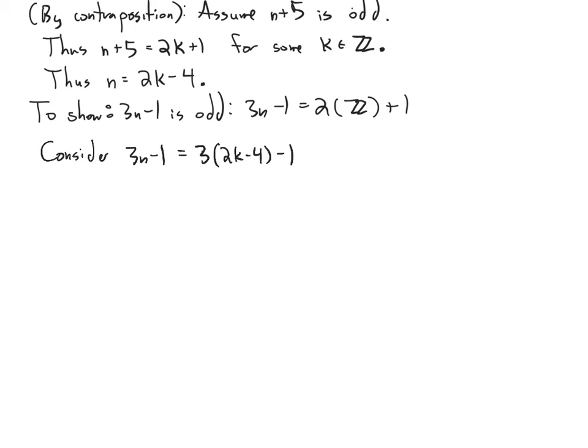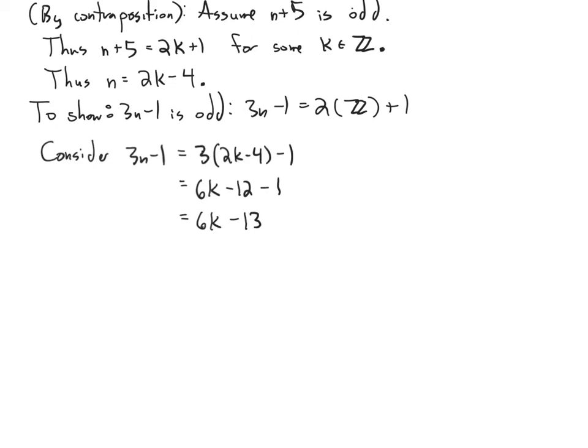Okay, so let's expand this out. We get 6k minus 12 minus 1, which is 6k minus 13. Now, I would like a plus 1 here, because that's the form that we like to write odd numbers in.